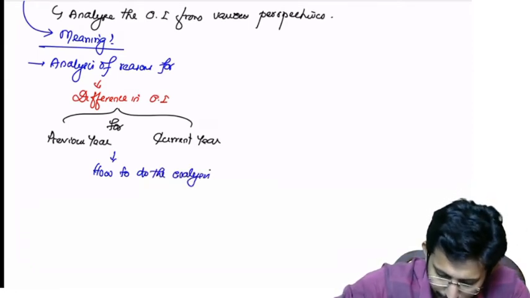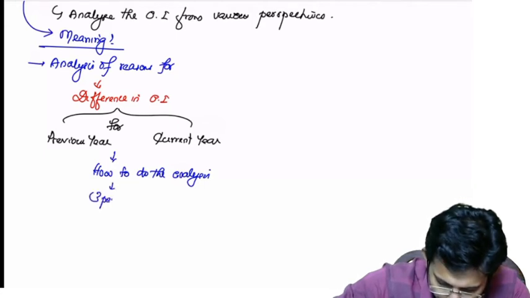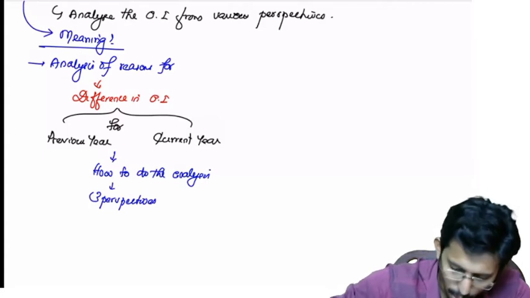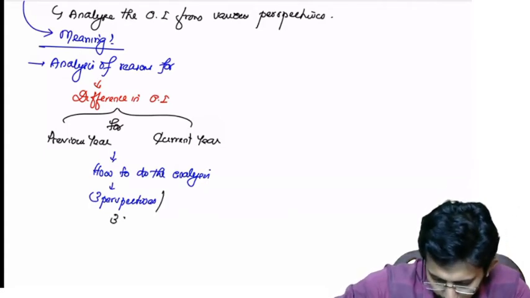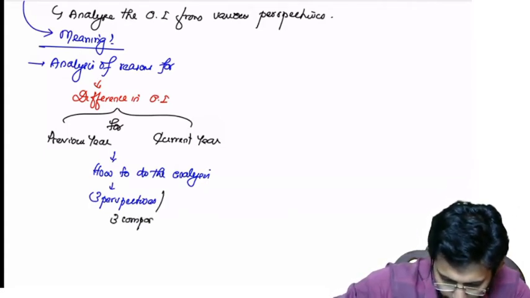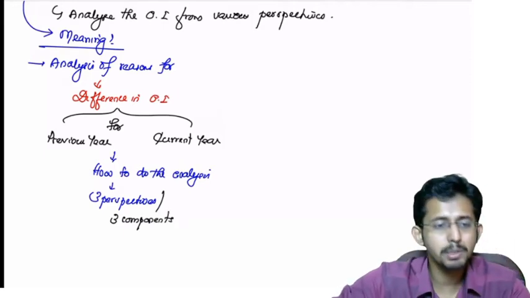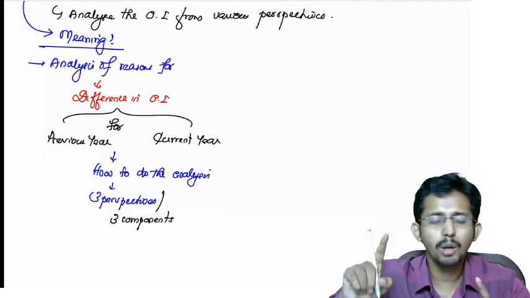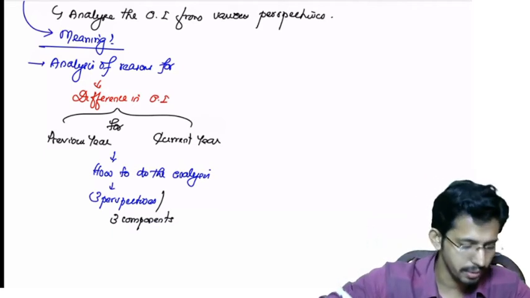The analysis is done from three perspectives, or three components. What are these three components which constitute a difference between the operating income of the current year and previous year?